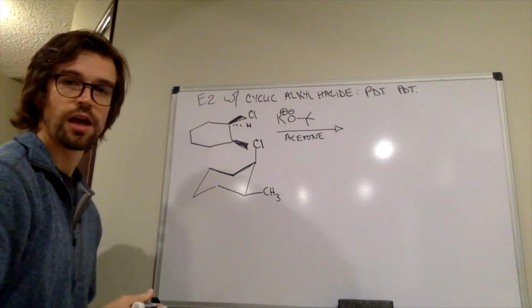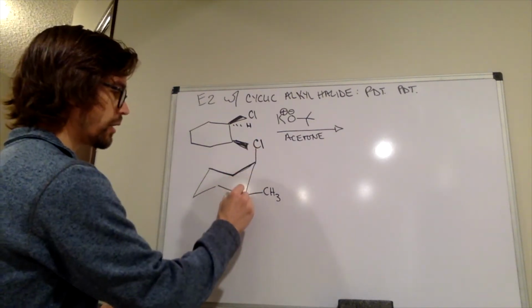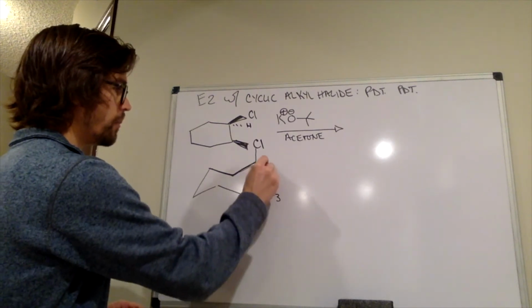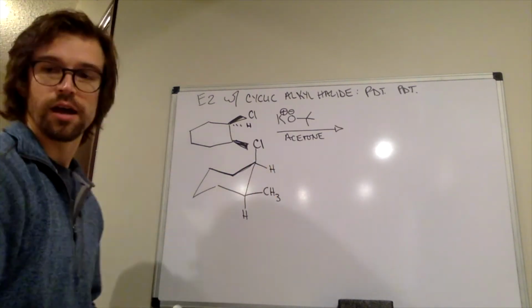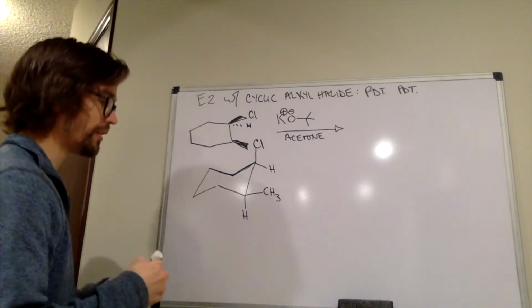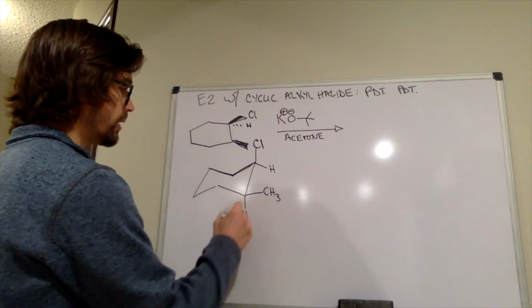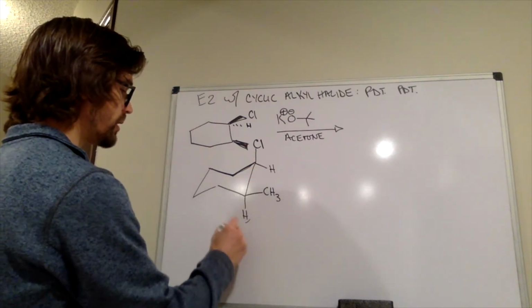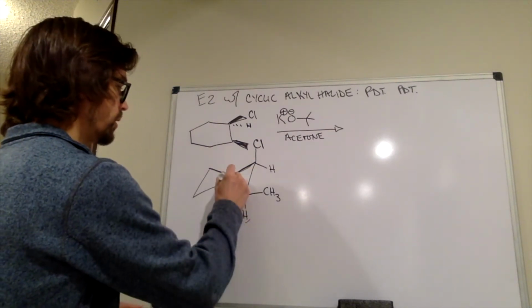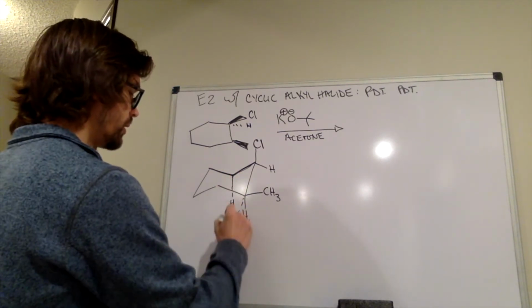So essentially, do we have an anti-periplanar hydrogen to that chlorine? And the answer is yes. We saw in the last video that this hydrogen here is anti-periplanar to that chlorine. So is this hydrogen here. Both of them are anti-periplanar to the chlorine.